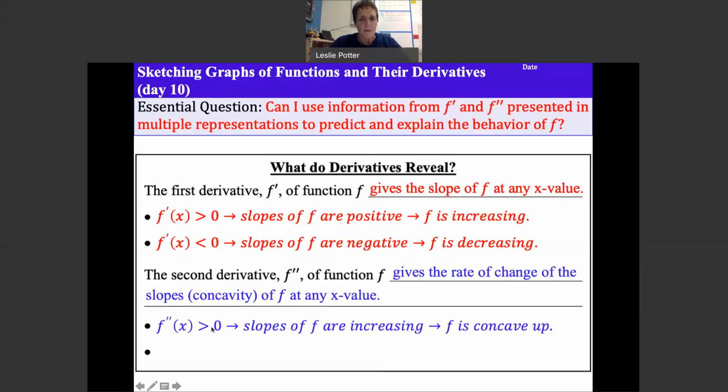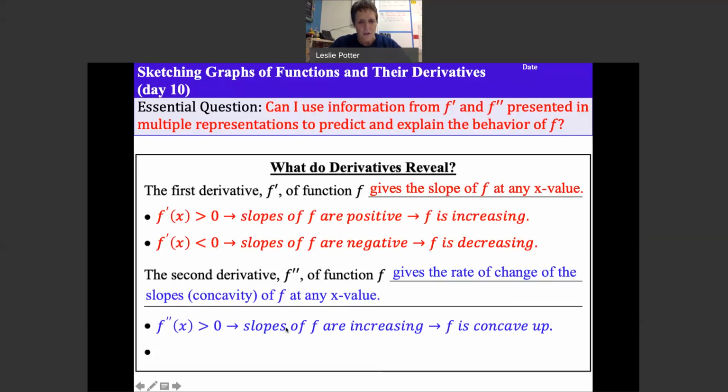So let's think about this. If the slopes are increasing, that means they're either going from negative to positive, or they're getting more positive. So that is correlating into the first derivative increasing, right? If I say slope, you think derivative.